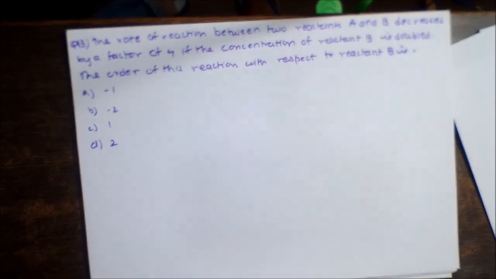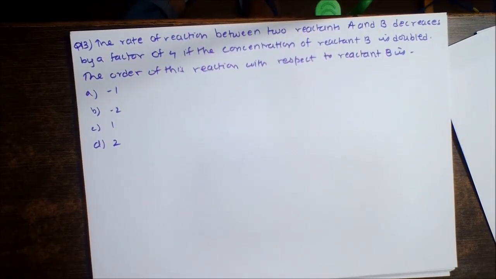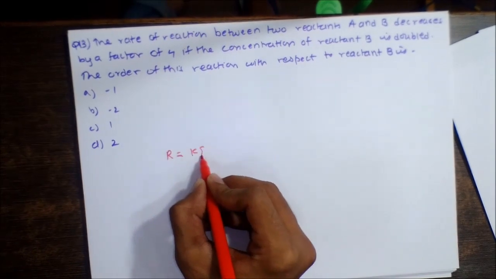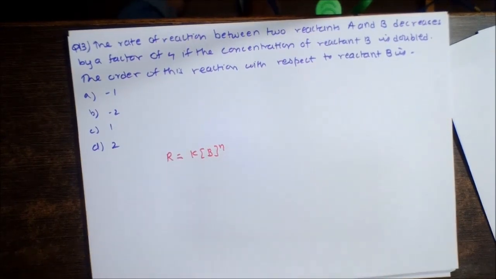Question 13. The rate of a reaction between two reactants A and B decreases by a factor of 4 if the concentration of reactant B is doubled. The order of the reaction with respect to reactant B is? Rate would be equal to K [B] raised to N, where N is the order. Now, when concentration of B is doubled, the rate decreases by a factor of 4.